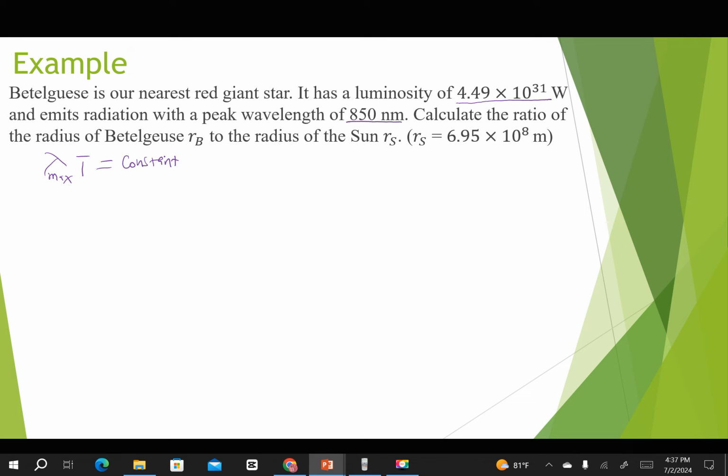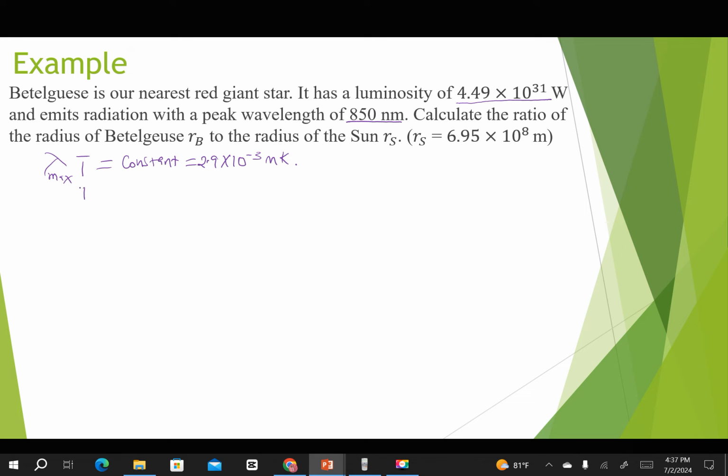Since they have not given us any other condition to eliminate this constant, I will just use 2.9 times 10 to the power of minus 3 meter Kelvin. That is the Wien's displacement constant, or Wien's constant.